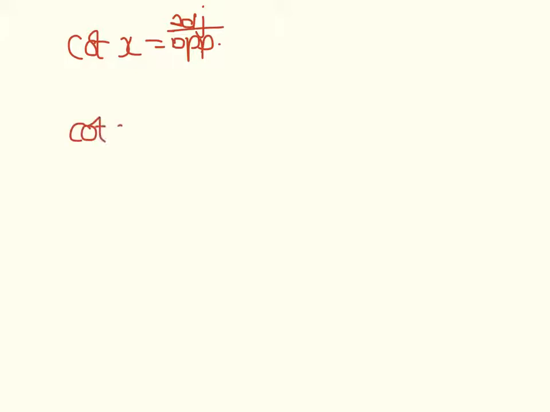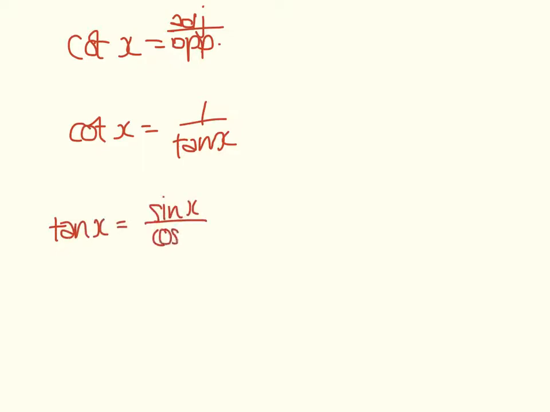So at the moment we've got cot x equaling 1 over tan x, but we know something about tan x. Tan x is sine x over cos x. We learnt that last year in C2. So what would 1 over tan x be?